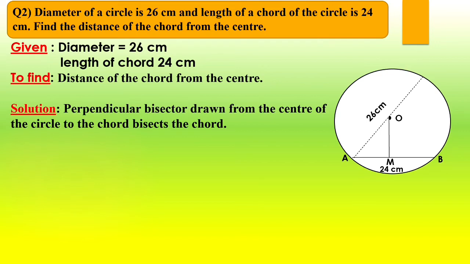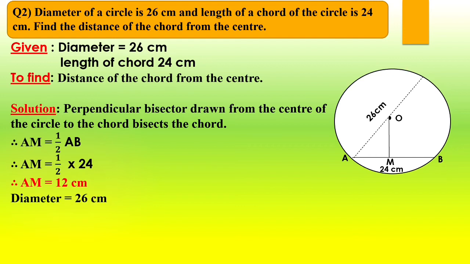Solution. Perpendicular bisector drawn from the center of the circle to the chord bisects the chord. This is our theorem property. So AM is the half of AB. Substitute the value of AB is 24. 2 1 is 2, 2 12 is 24. So AM is how much, student? 12 centimeter.